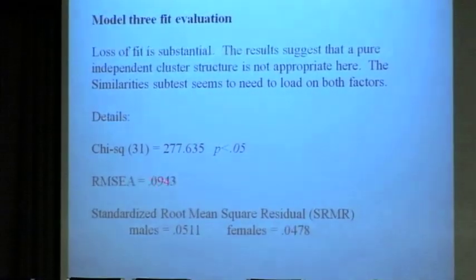It's, as it turns out, not a very good fit. So here we see what I would consider a substantial jump in the lack of fit. The chi-square goes up into almost 300. This jumps up to 0.09.